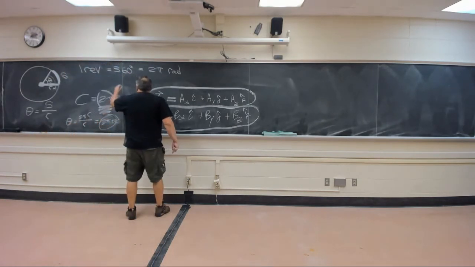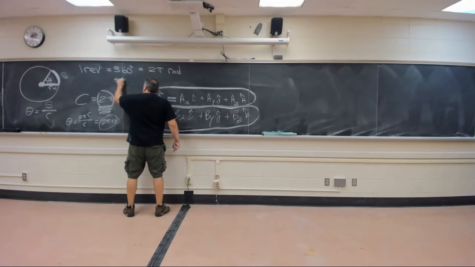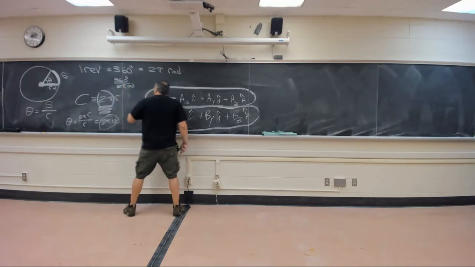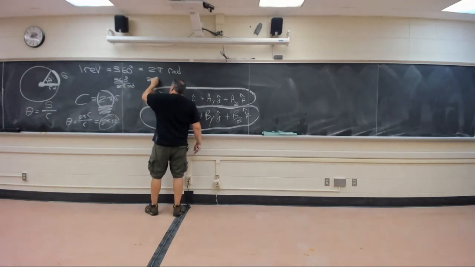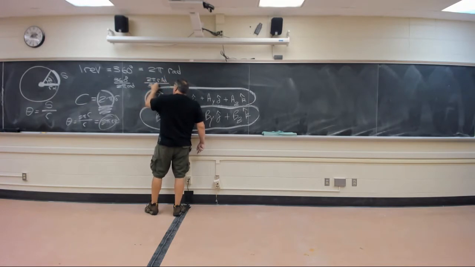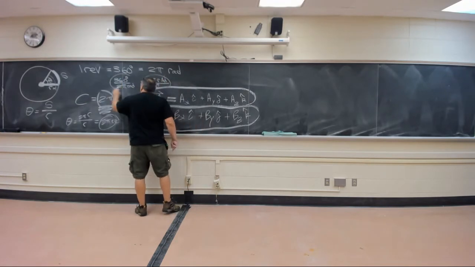There's a conversion factor. If you want to go degrees from radians, you go 360 divided by 2 pi radians. If you want to go radians from degrees, so there's 2 different things here.